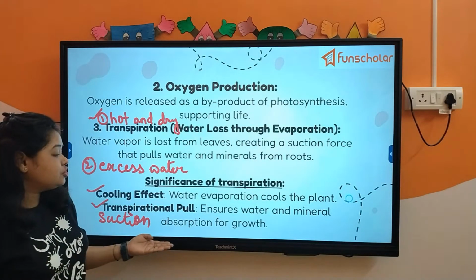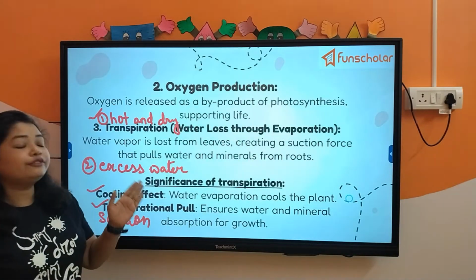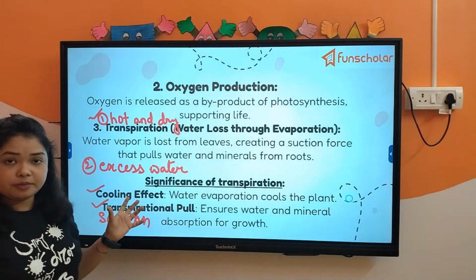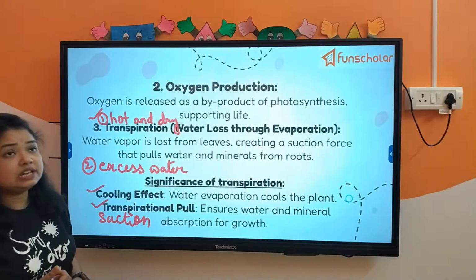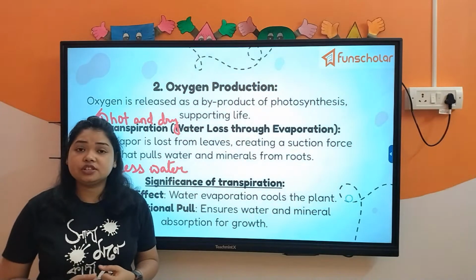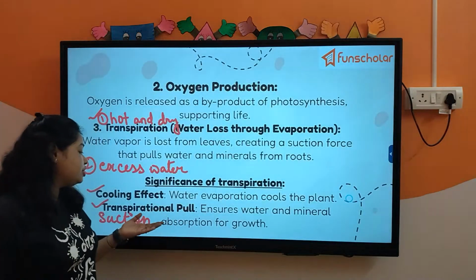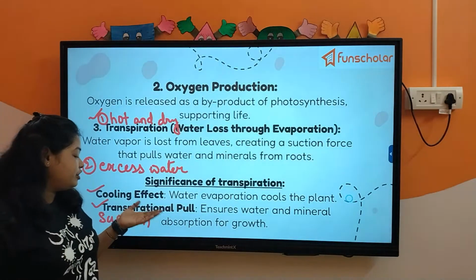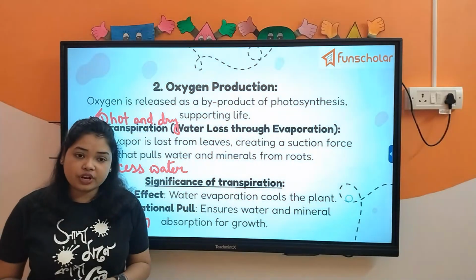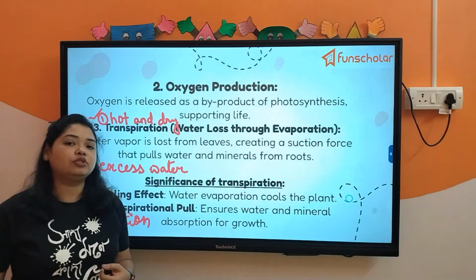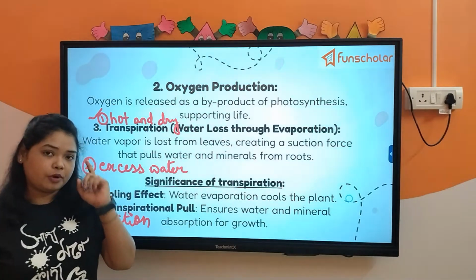It ensures that there is a steady flow of water and minerals to all parts of the plant body, especially in the case of trees which have great heights. So transpiration pull is a very efficient system in ensuring the transportation of water and minerals absorbed by the roots to reach the top of the tree.